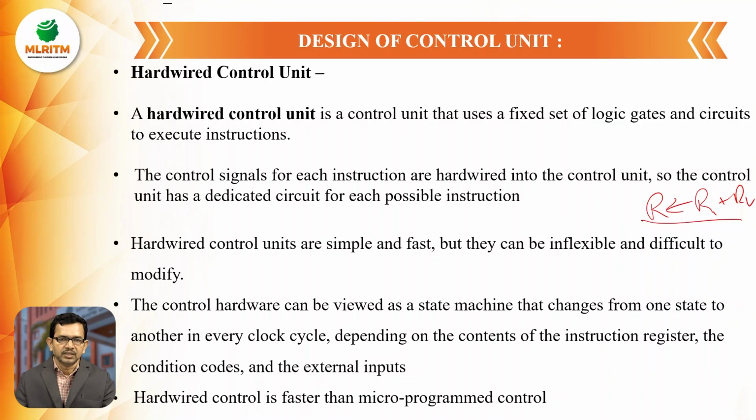These set of logic gates and circuits will try to accommodate the data given by the register R1 and the register R2. Immediately, once the data is accumulated into the registers, the next thing is they have to execute the operation. So what operation is going to be executed? The operation to be executed here is an addition operation.